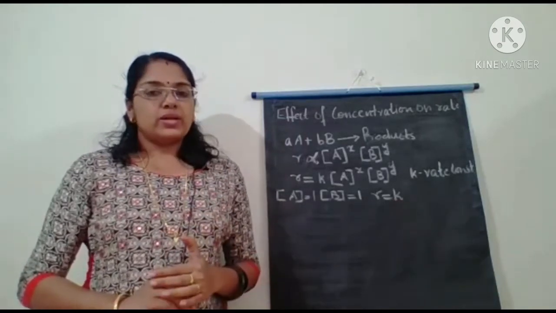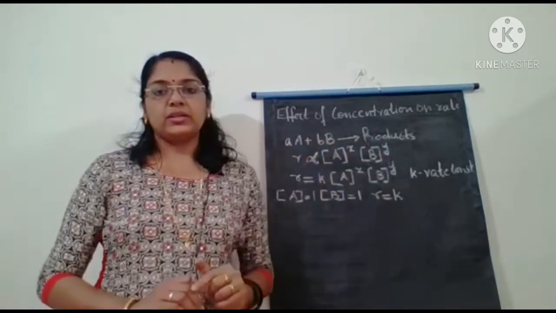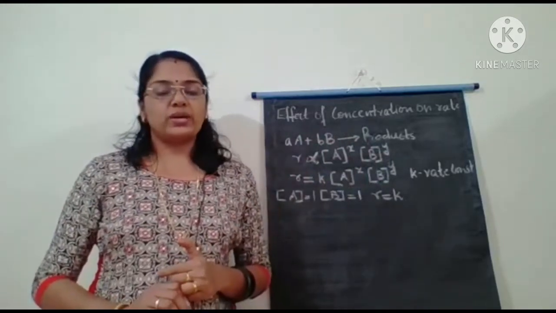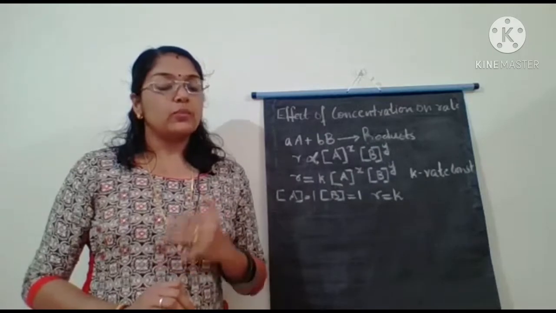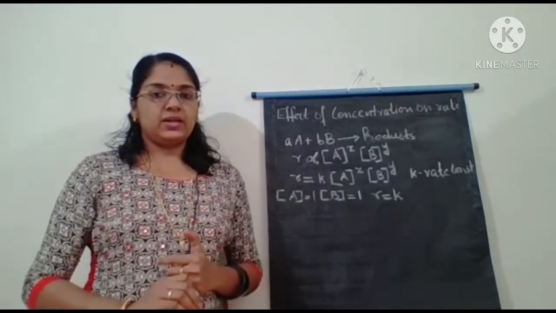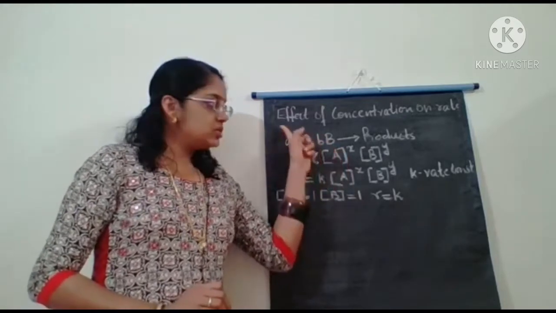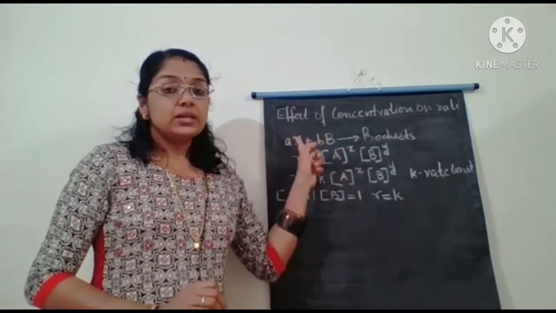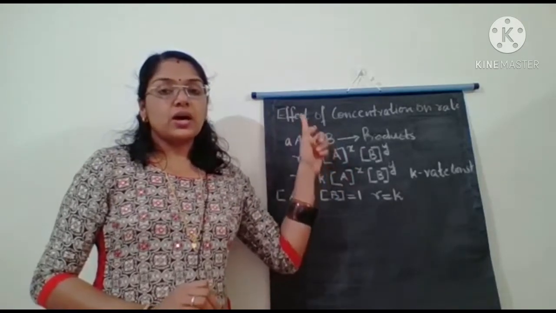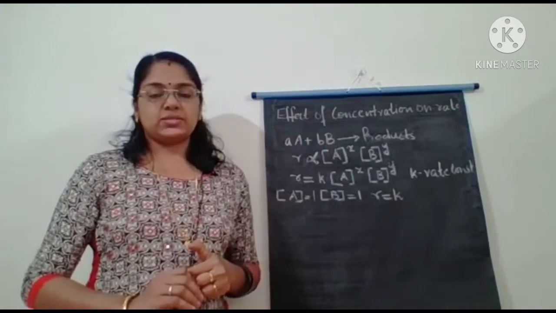According to the law of mass action, for a chemical reaction aA plus bB gives product, the rate is directly proportional to the molar concentrations of the reactant. That means rate is equal to concentration of A raised to a into concentration of B raised to b. Here the concentration terms are represented based upon the stoichiometry of the reaction.